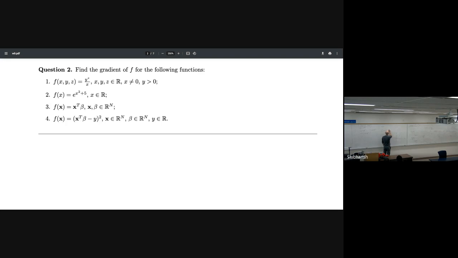And here, I could make a mistake by writing that this is the sum over i going from 1 to n of xi and beta i. And the mistake now is that I'm recycling index i for two purposes. I fixed i, and I said I want to calculate the derivative with respect to variable xi, but now in the sum I'm using the same. That's very confusing, and it's not going to lead to anything good.